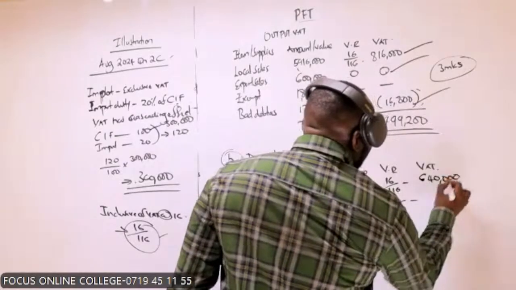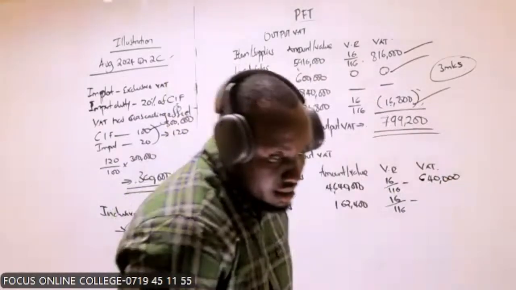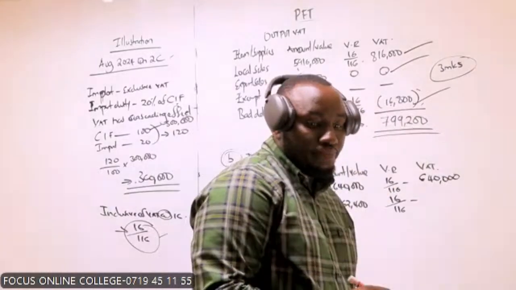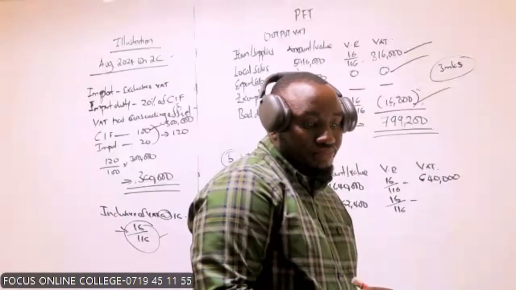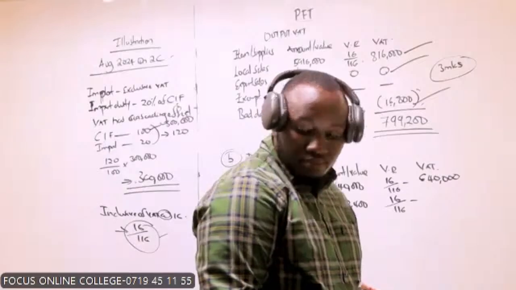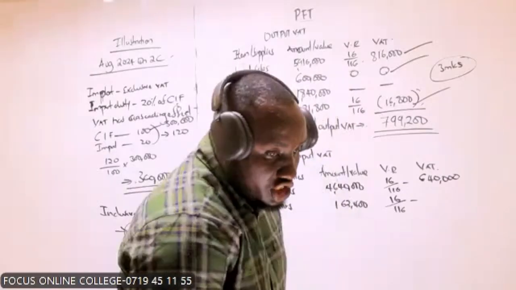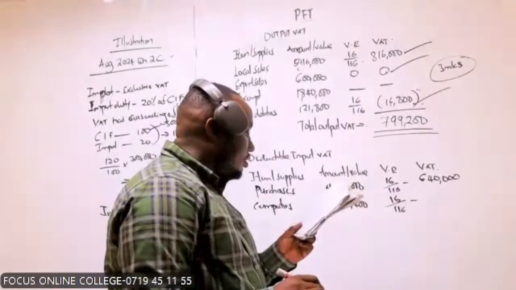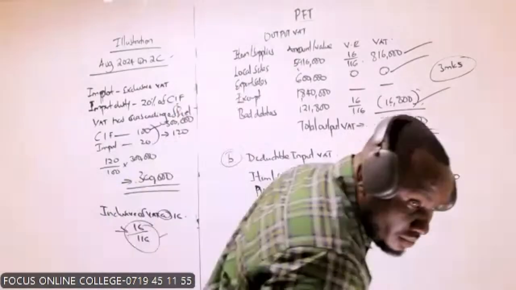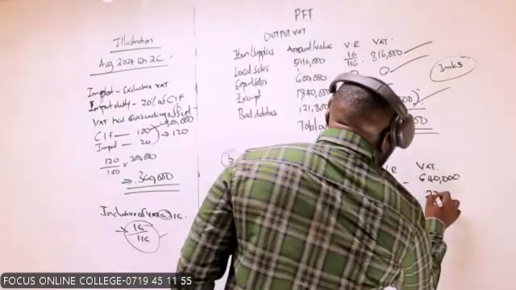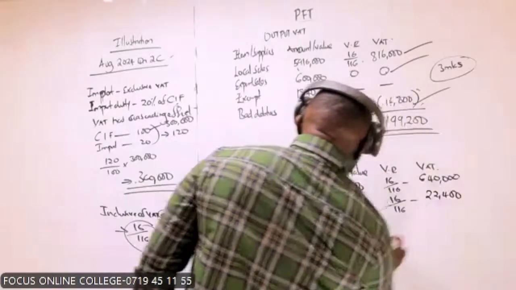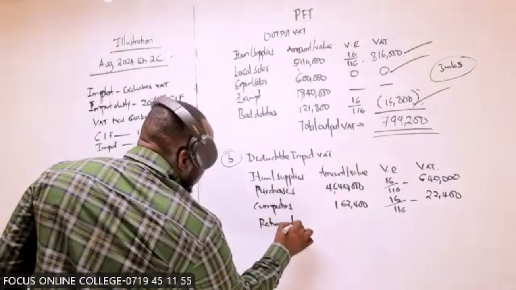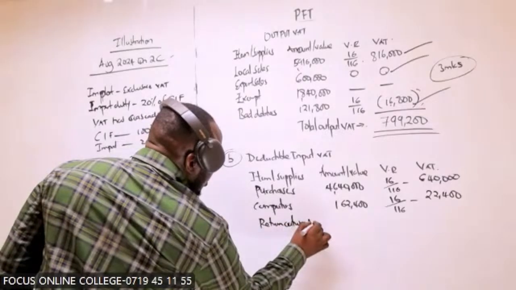The other one. The next is computers, 162 times 16. Say it's 22,400. So then you have what you call the return outwards.